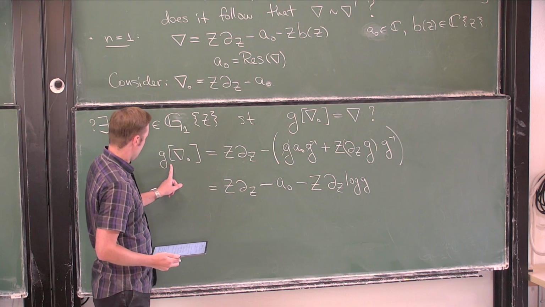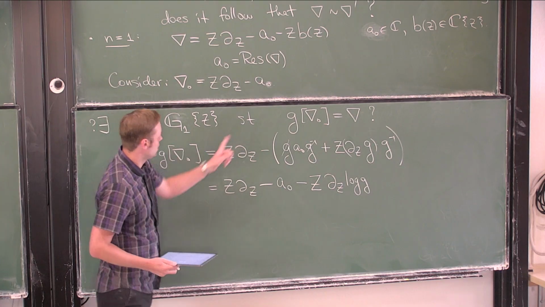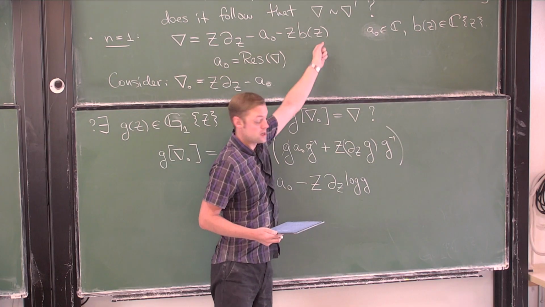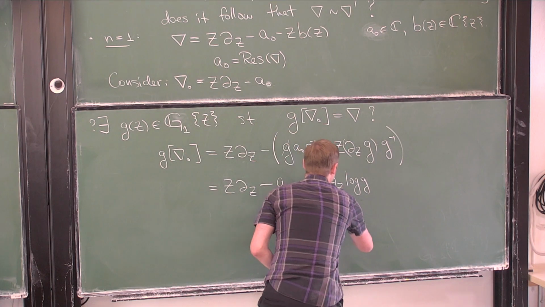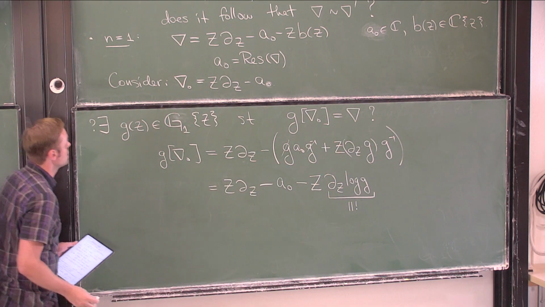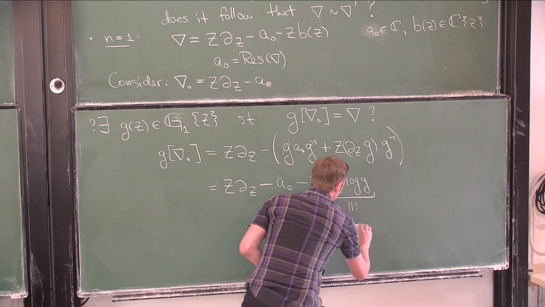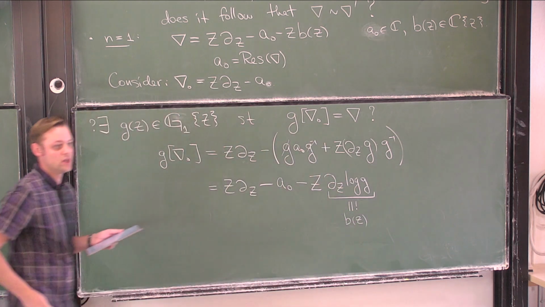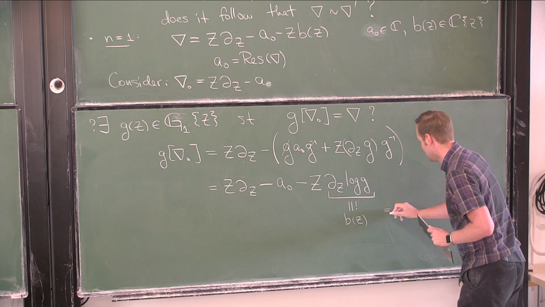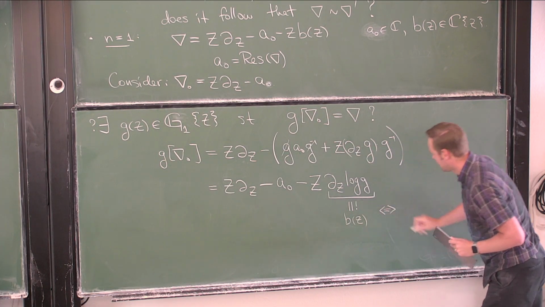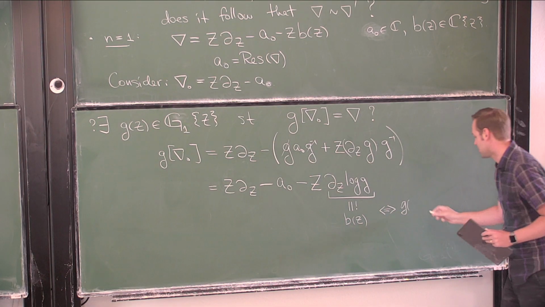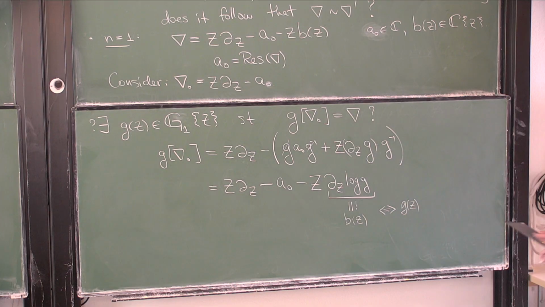So in order to find such a G, all I need to ensure is that this term is equal to Z B of Z. In particular, this logarithmic derivative of G needs to equal B of Z. That's the equation that we need to solve, and that is very simple. It's one of the only differential equations that we know how to solve.